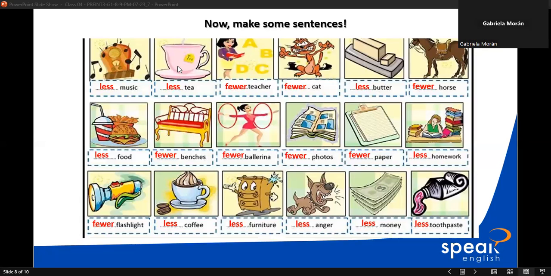There is less paper than the last week. Excellent. Next one, Joran. This week, there is less homework than the last week. Perfect. Next one, Leti.